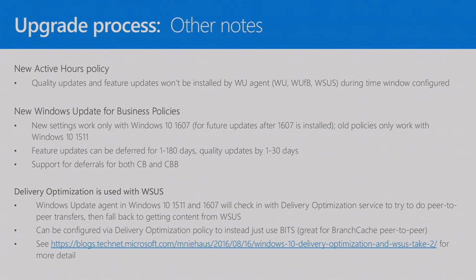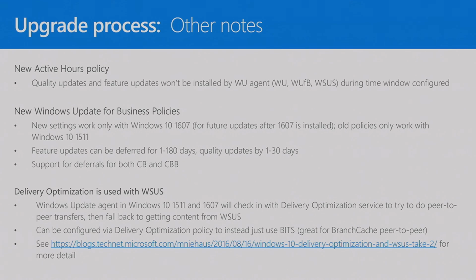In Windows 10 1511, you could specify whether this machine should defer updates or not. And if you specified to defer updates, you could then specify to defer quality updates by 1 to 4 weeks, and you could defer feature updates by 1 to 8 months. But that meant that you could only do deferrals for PCs that were declared as Current Branch for Business. If you've seen the discussions around Windows Update about Windows as a service, I've got a session on that tomorrow.